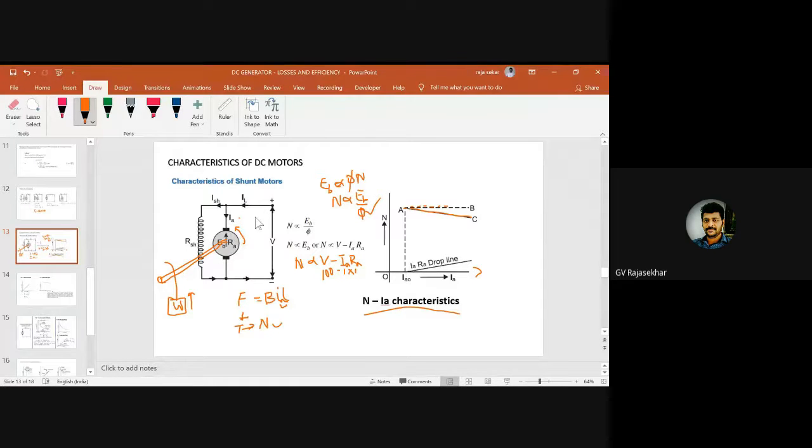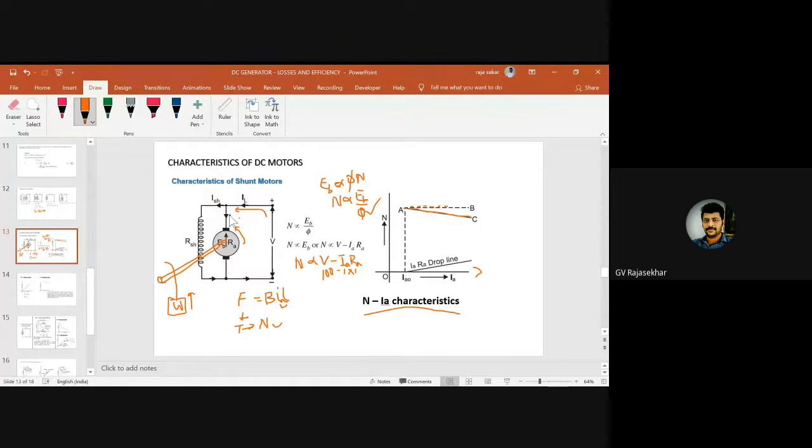That extra energy is drawn from the supply only. That means extra current is drawn and extra weight is lifted. If you increase this weight more and more, more and more IA will be required.